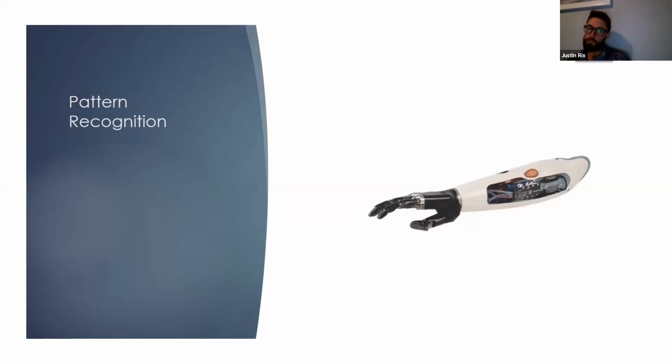The system learns to interpret the user's individual movement patterns, so if you're pointing a finger, or opening and closing your hand, it assigns that to a specific movement within the prosthesis. These patterns are very intuitive, and they can be adapted to fully utilize the potential of this highly complex prosthesis. They're also currently working on systems with transhumeral amputees where they are able to control not only the wrist and the hand, but also the elbow.